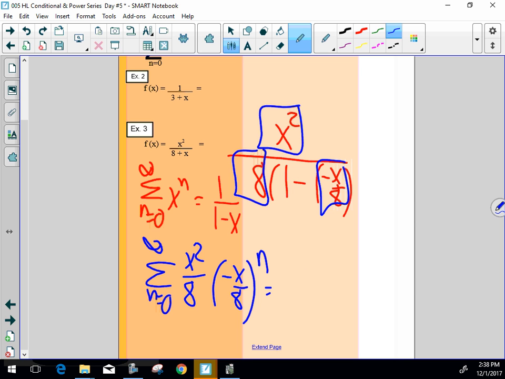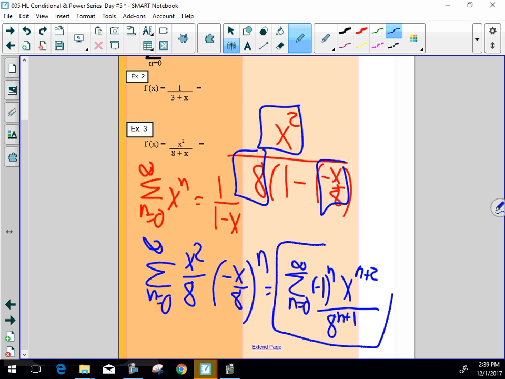And then this is going to be the sum n equals 0 to infinity, negative 1 to the n. I'm just going to take this negative 1 to the n. I have x to the n plus 2 over 8 to the n times 8, which will be n plus 1. This dude is the same as that.